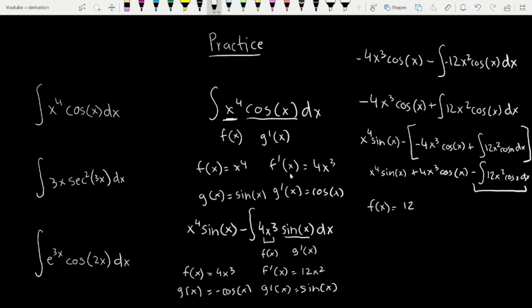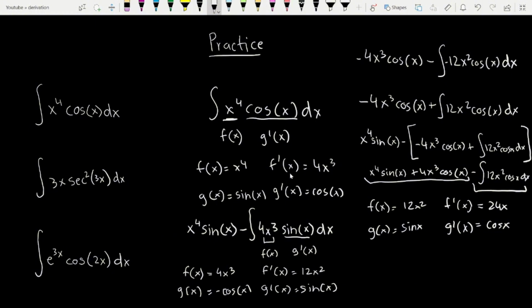That is going to be 12x². F prime of x is going to therefore be 24x. And then g prime of x is going to be cosine of x, and then g of x is going to be sine x. And I'm going to ignore all of this, and I'm going to integrate that 12x² cosine x.